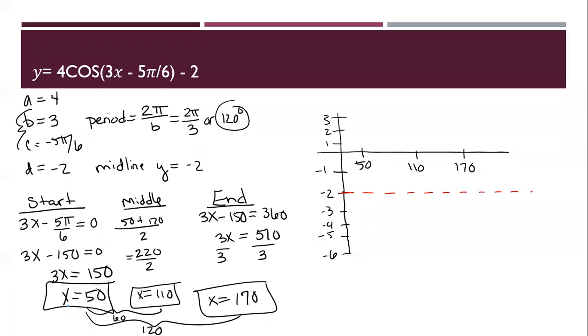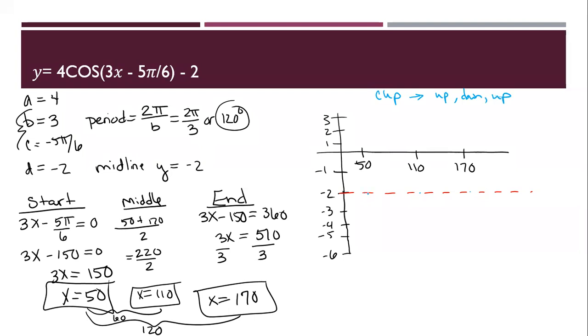Okay, so instead of this one being middle, middle, middle, we're dealing with cosine. Cosine is a cup. So we're going to graph up, down, up.